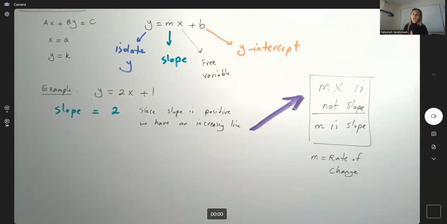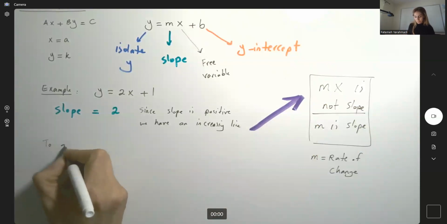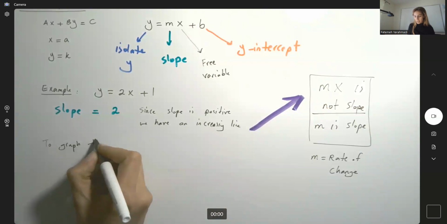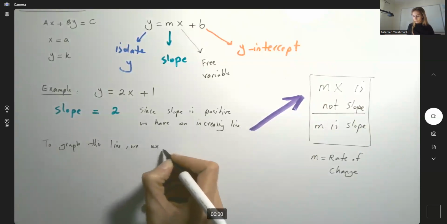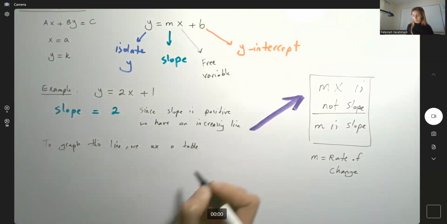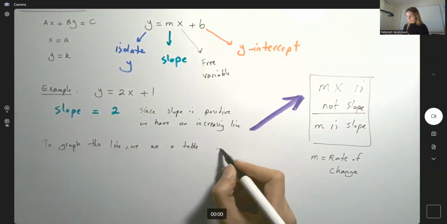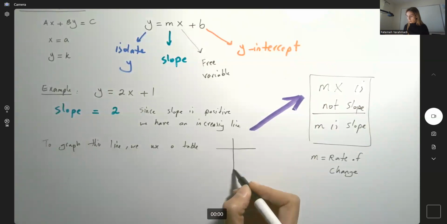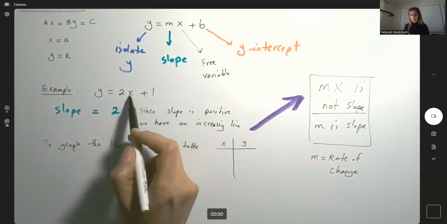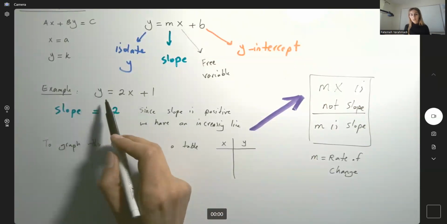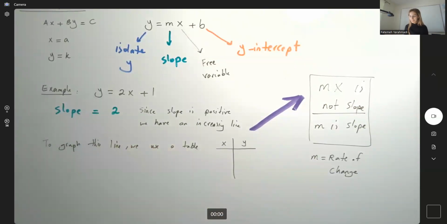So how do you visualize this line? The very first method is point plotting. To graph this line, we use a table. In this table, we're going to assign some values to our x and then evaluate the y.